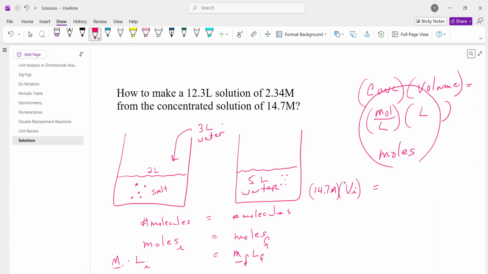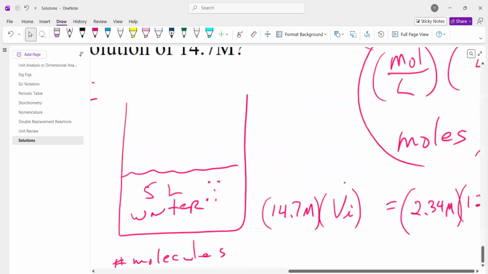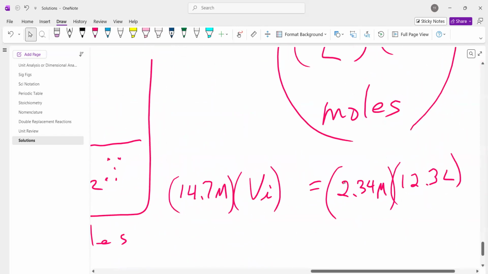That's equal to the final volume, 12.3, and the final concentration is 2.34. Okay, does everyone see where those numbers came from?